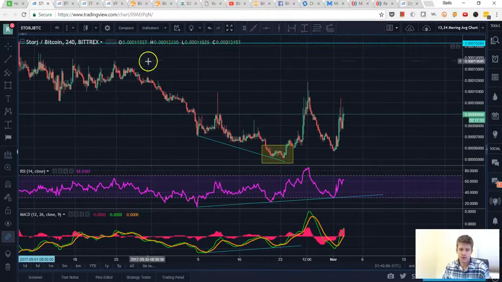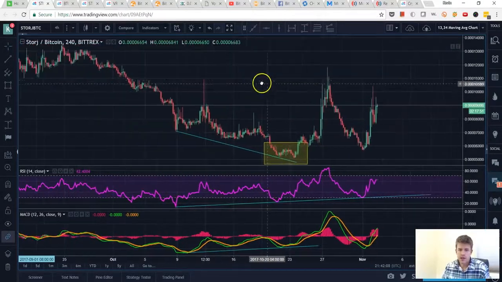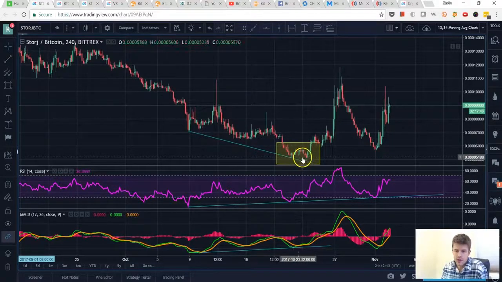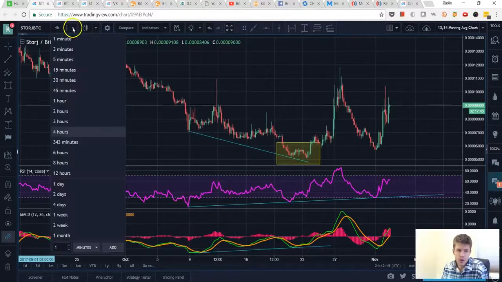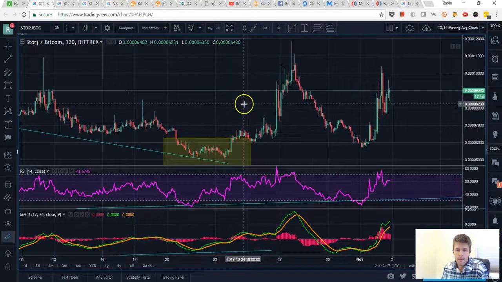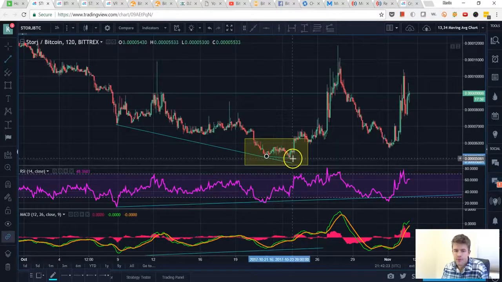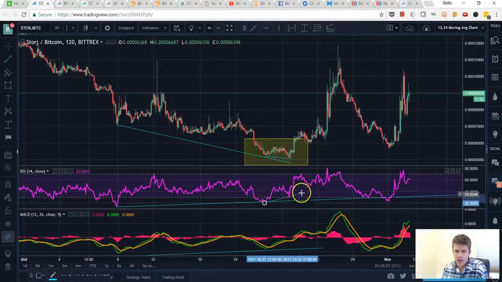And if we go even further, I'm noticing that we see a bit of a divergence even on this time frame here. If I go from the 4-hour to the 2-hour, we've got another divergence. We've got price going lower here, and the indicator value actually going up here.